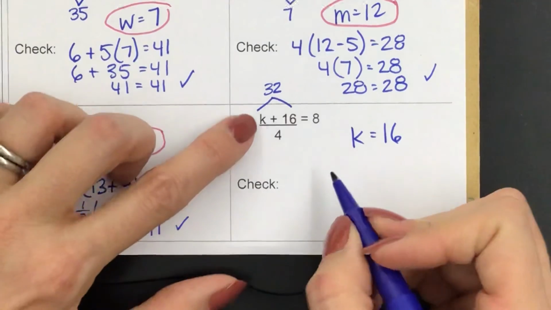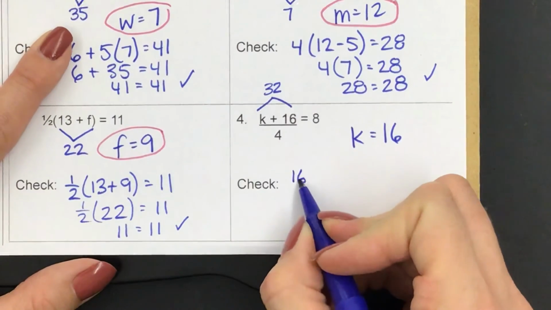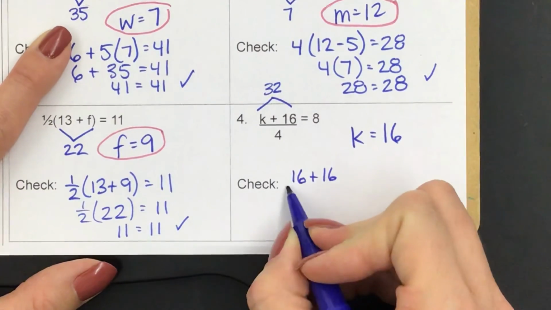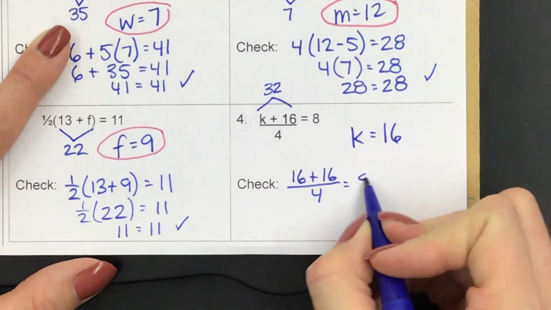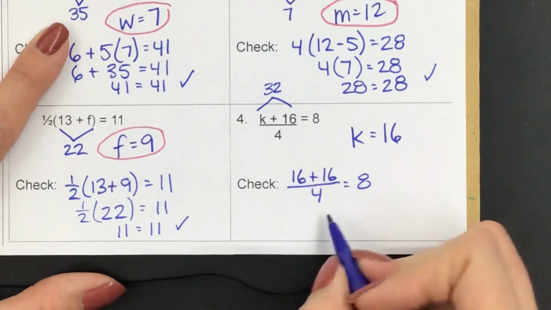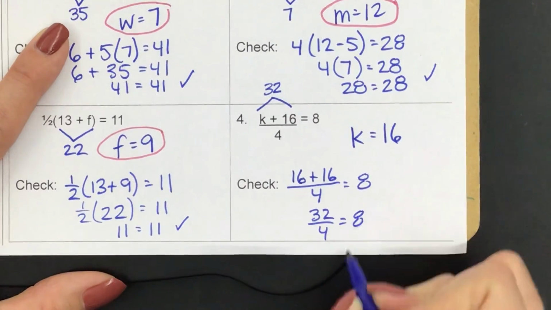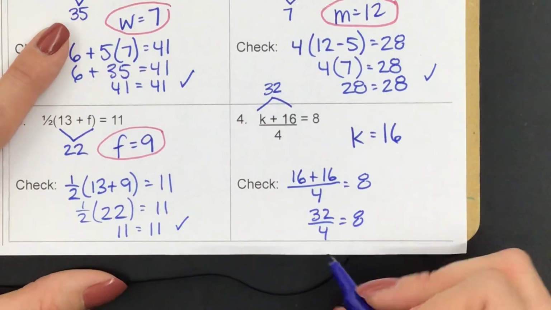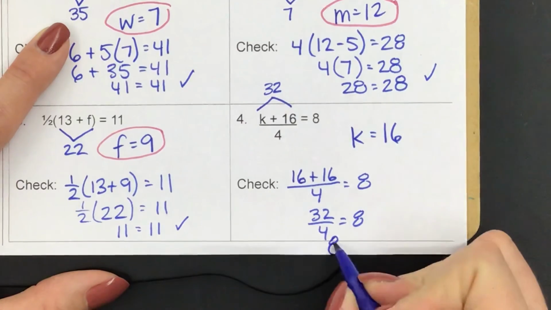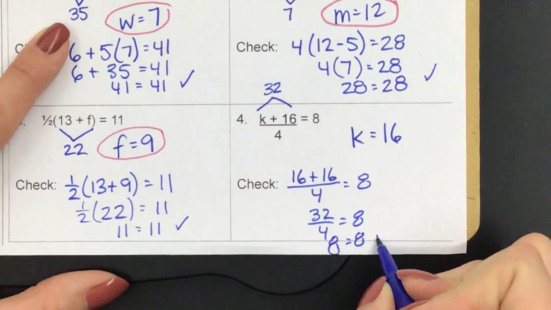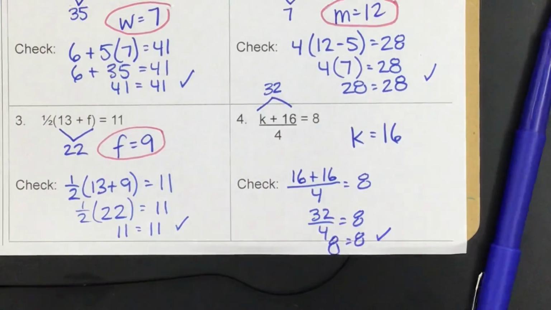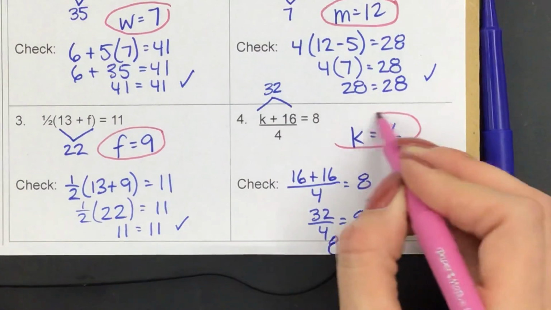Instead of writing K here, I'm going to put 16. So it's going to be 16 plus 16 divided by 4 is equal to 8. So this is going to be 32 divided by 4 is equal to 8. Is 32 divided by 4 8? Yes, it sure is. So we know that this is the correct answer.